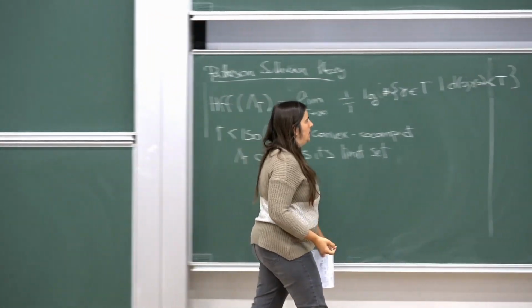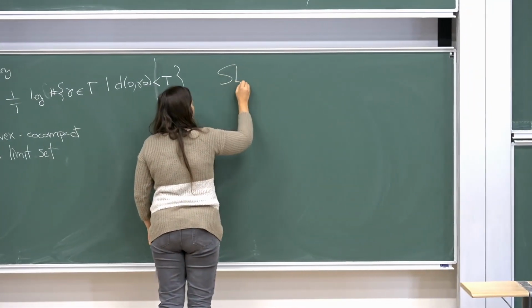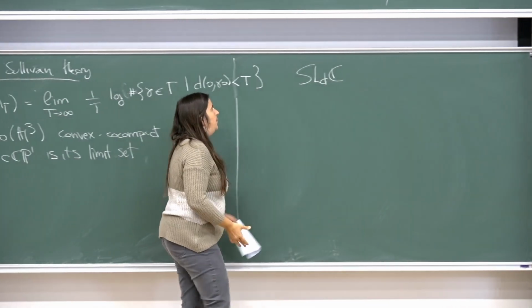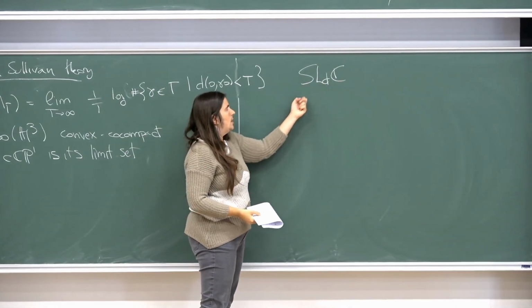Okay, so how about SL(d,C)? SL(d,C) is the group of d by d matrices with complex coefficients and determinant 1.